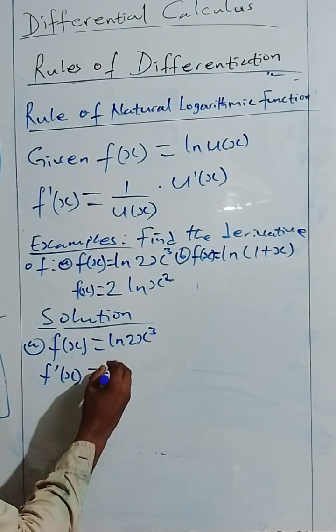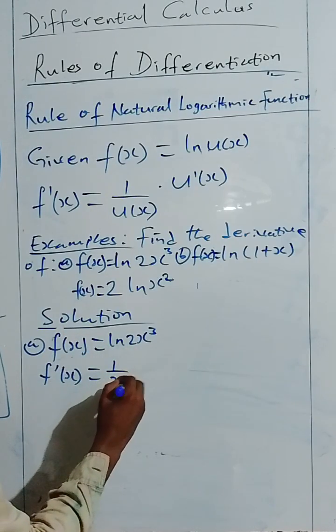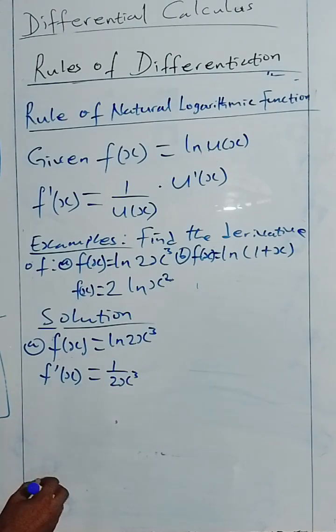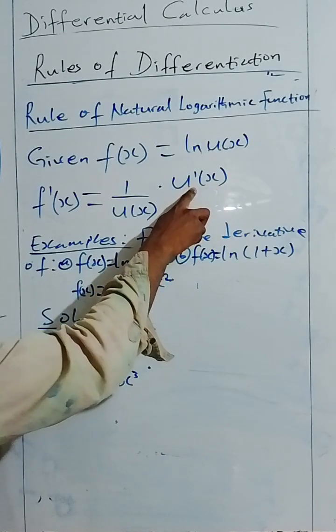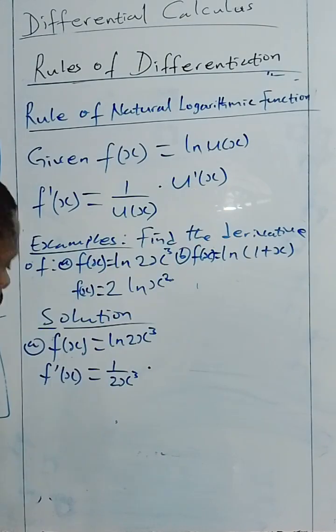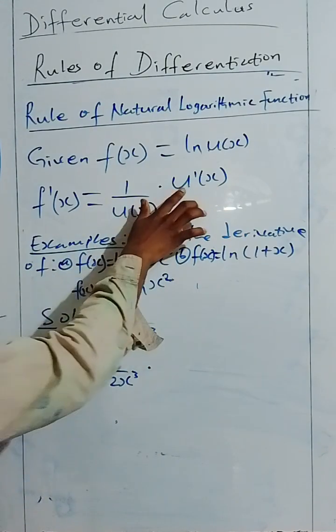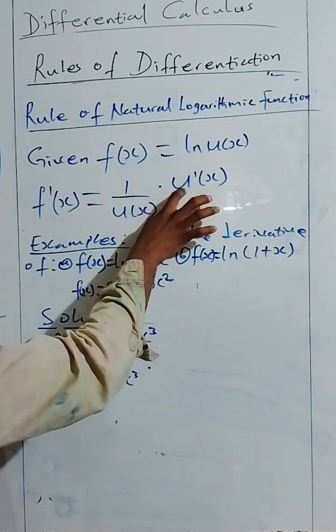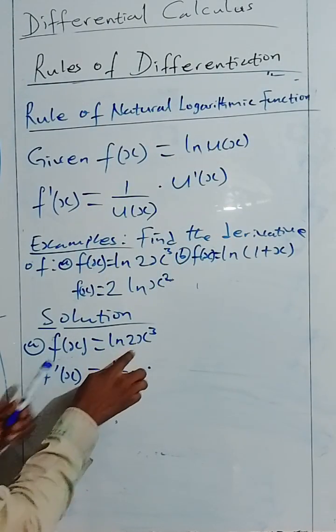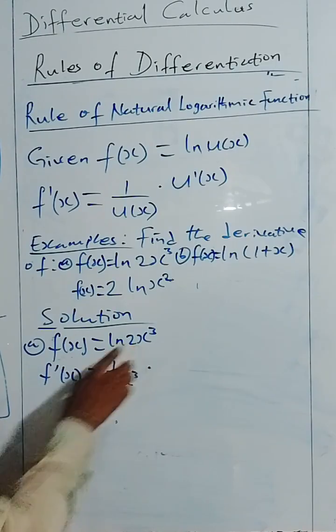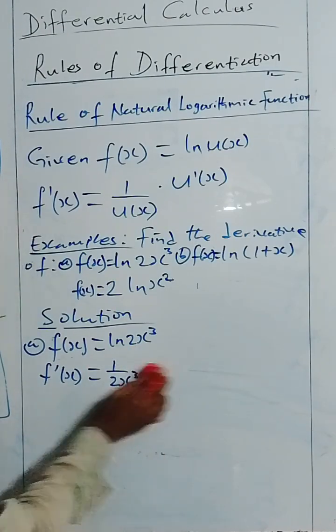So we have 1 over 2x raised to the power 3, then multiply by the derivative of this u function. So we are going to find the derivative of this.